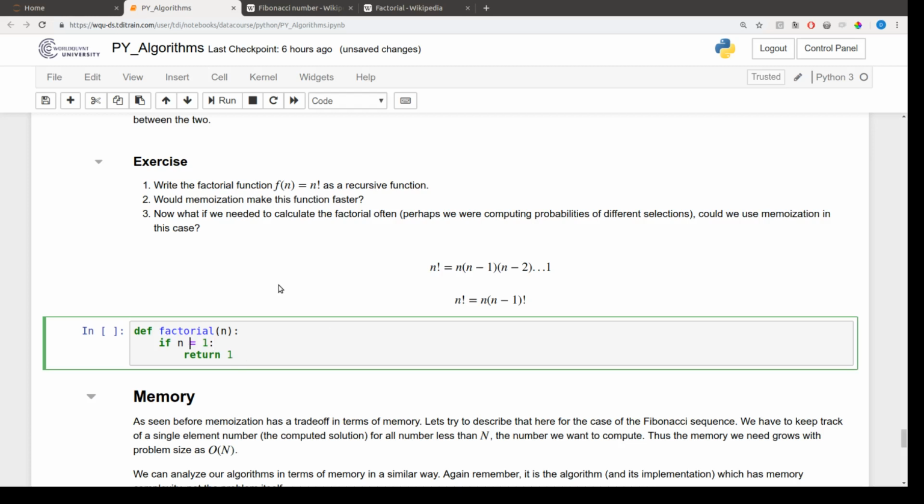And in fact, I'll make this 1 or n equals 0. I'm not going to consider negative numbers because factorial has a sort of funny different definition for negative numbers. So I'm not going to be considering that here. But for positive numbers, if n is 1 or 0, then factorial returns 1.